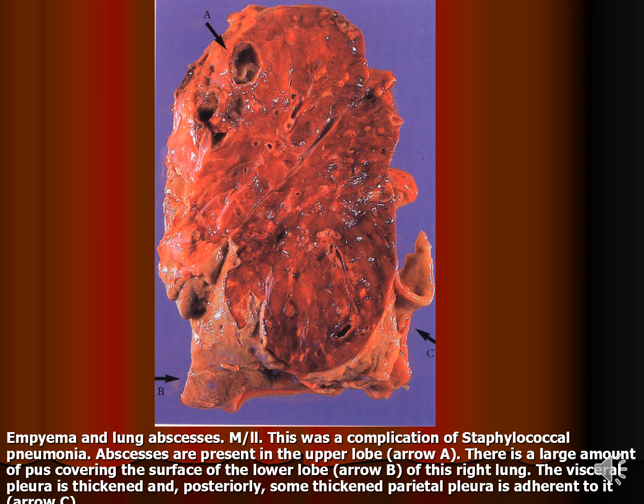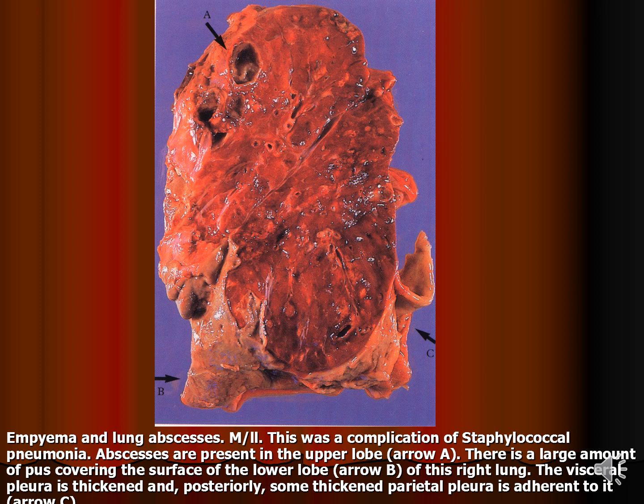Here you see the gross specimen with empyema and lung abscesses. This was a complication of staphylococcal pneumonia. Abscesses are present in the upper lobe. We see the arrow here. This is an abscess. There is a large amount of pus covering the surface of the lower lobe.